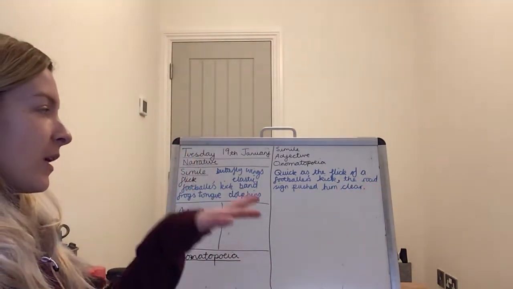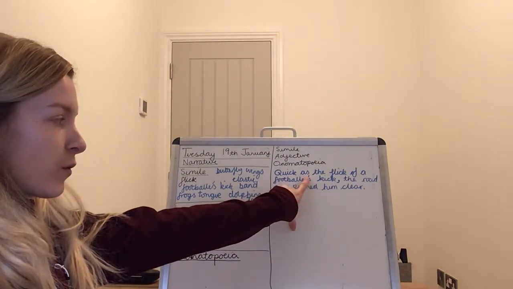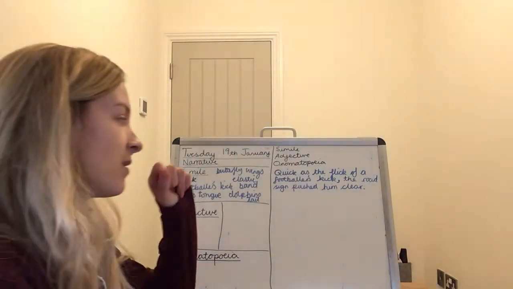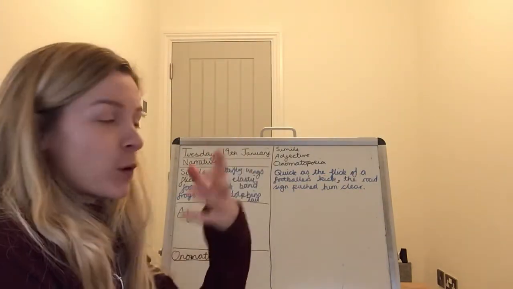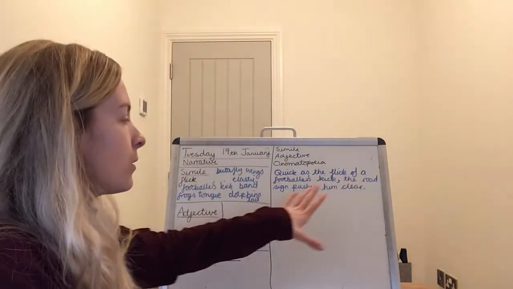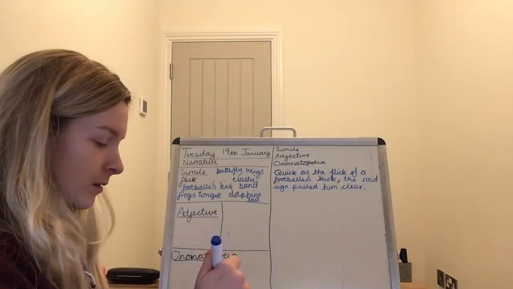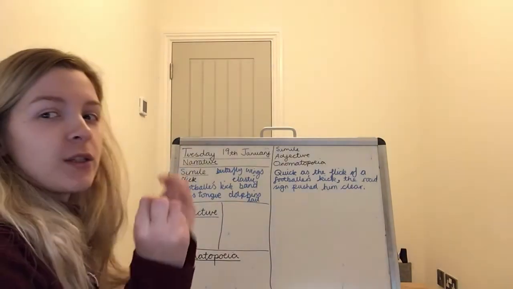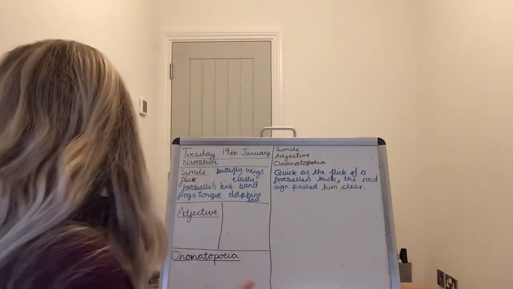Quick as a flick of a footballer's kick. It belongs to the footballer, so I've got an apostrophe between the R and the S, comma, important piece of punctuation. I take a breath there, I'm not quite finished my sentence. The road sign pulled him clear. Okay. Tell me what the road sign did for him. If you need to go back and watch the video, you can.